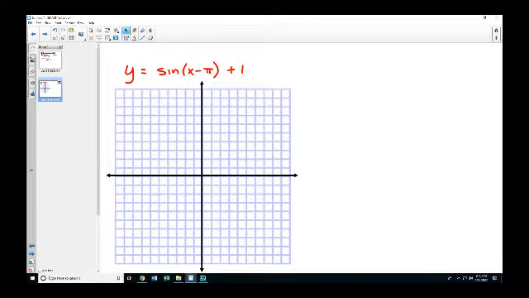So have I adjusted the amplitude or period? No. Okay, so what's the amplitude? 1. And the period? 2 pi, because this k value is 1, right? So 2 pi over 1, because we have a 1 here.